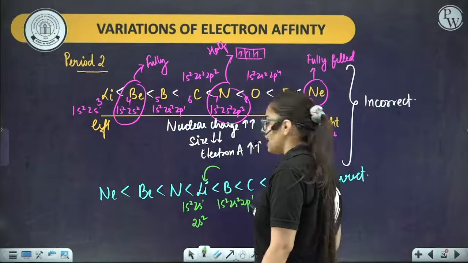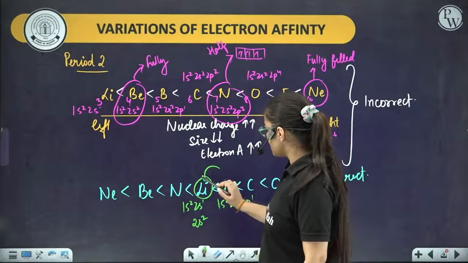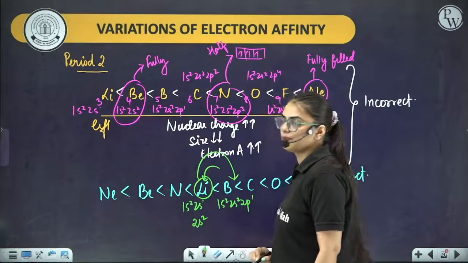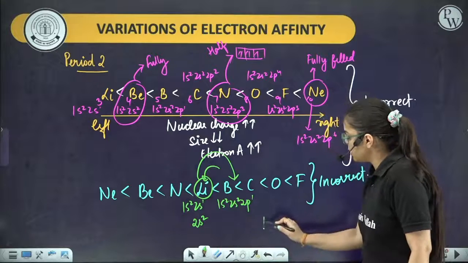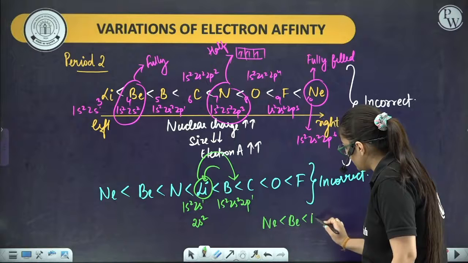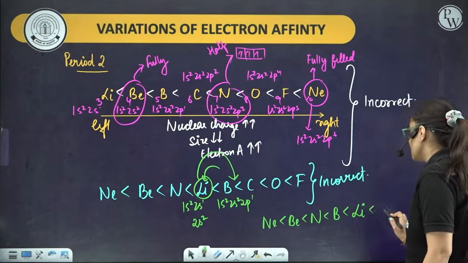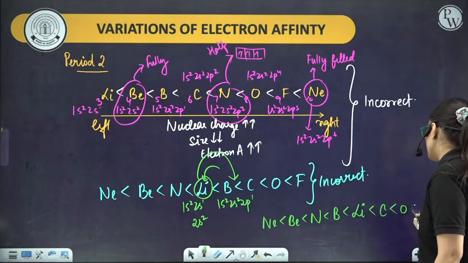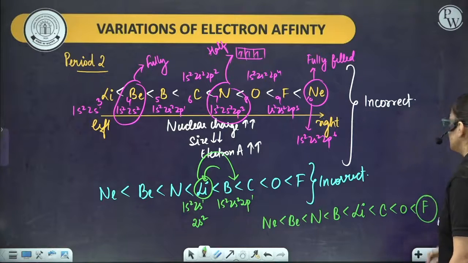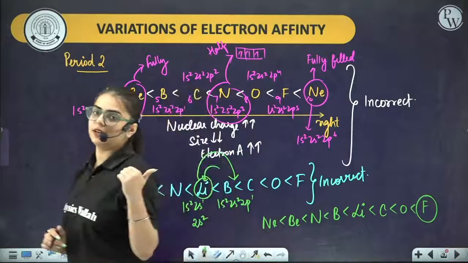That means if you add one to boron it won't become stable, but lithium does. 2s2 is stable, so lithium will have more value than boron, right? So the answer is going to be neon, then beryllium, then nitrogen, then boron, then lithium, then carbon, then oxygen, and at last fluorine. So fluorine will have the highest value among them in this period.